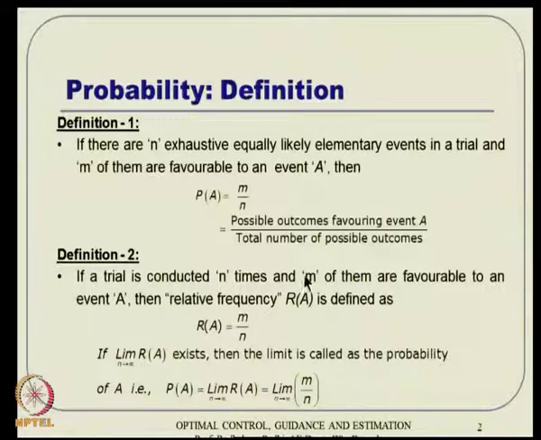In the limit where n tends to infinity, and if the limit exists, then the limit is defined as probability. Essentially, the number of samples should be large; only then can you define something like probability.